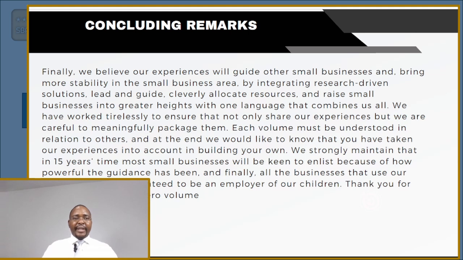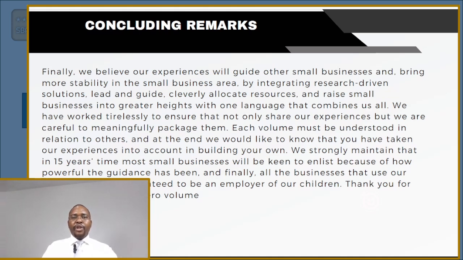We strongly maintain that in 15 years' time, most businesses will be keen to enlist because of how powerful the guidance has been. We understand that this is a new guide to small businesses. There might be glitches here and there, but with your help, we understand that ultimately we will reach the intended goals that we want to reach.